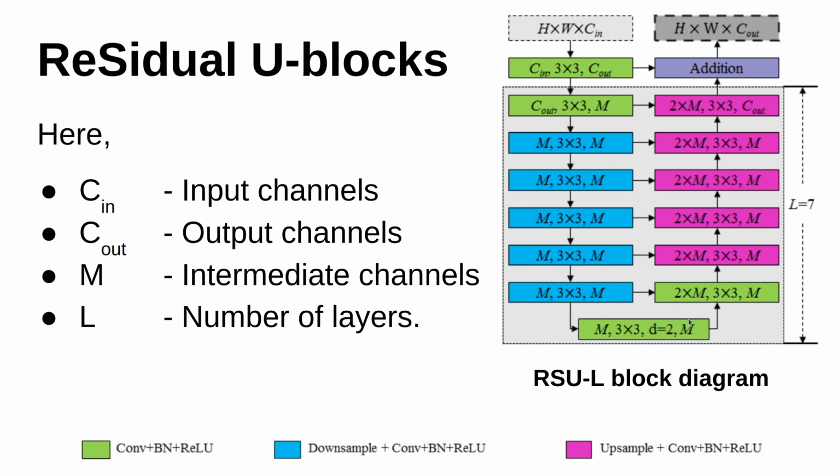Like this, we reach the decoder part where we have upsampling, convolution, batch normalization and ReLU. And like this, we reach the end where it is followed by a summation with the initial feature map, and we get the output of this residual U-block. So we'll use this diagram while implementing this residual U-block.